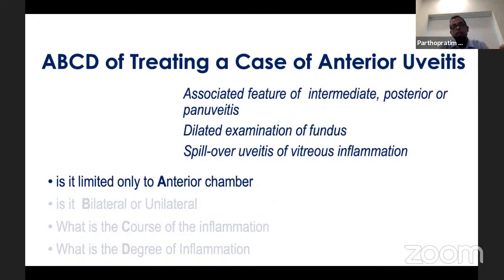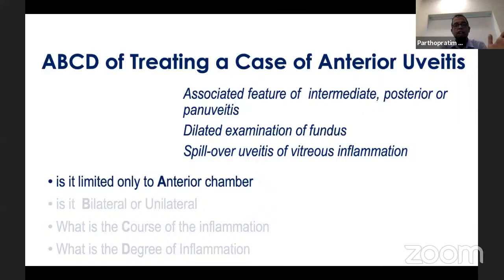For example, if the uveitis is located in the anterior chamber, you have to explain the associated features, like whether the inflammation is there in the vitreous, in the retina or choroid, whether we can call it posterior or pan-uveitis. So it is very important to pinpoint which uveitis you are going to treat.